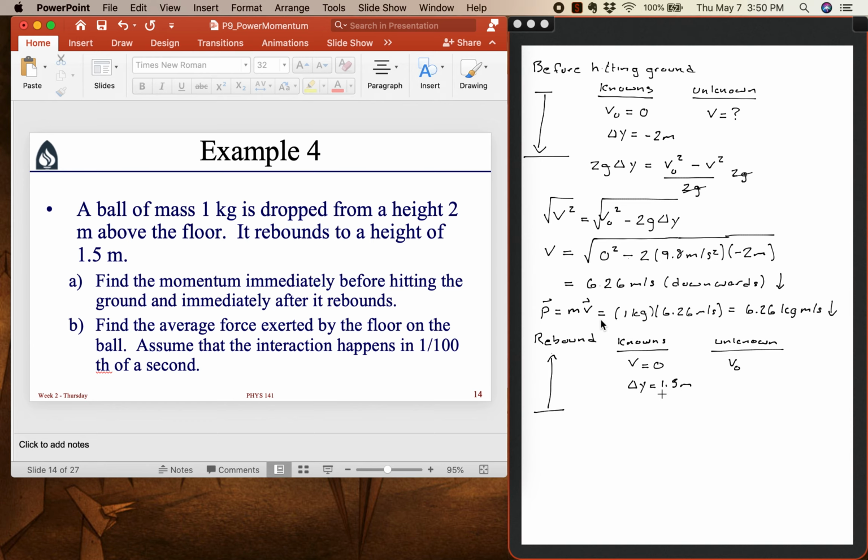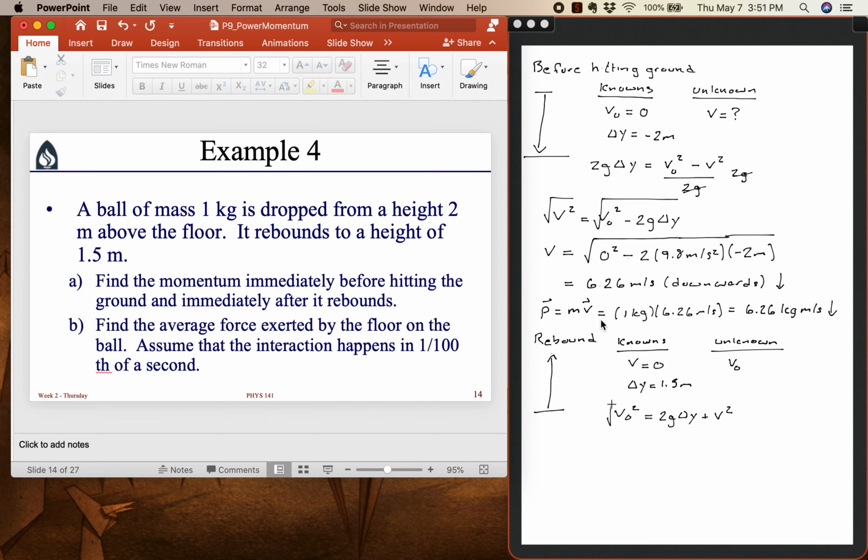So if I look at this expression up here, v naught squared minus v squared is equal to 2g delta y, I can rearrange that to solve for v naught squared. So now my v naught squared is going to be equal to 2g delta y, and this time it's plus v squared.